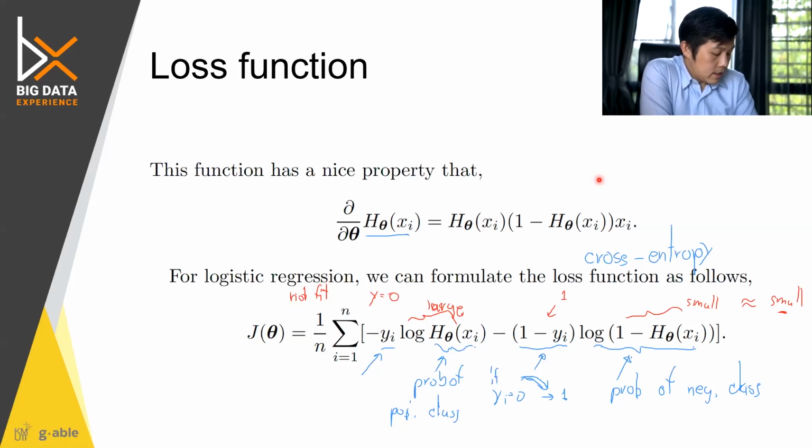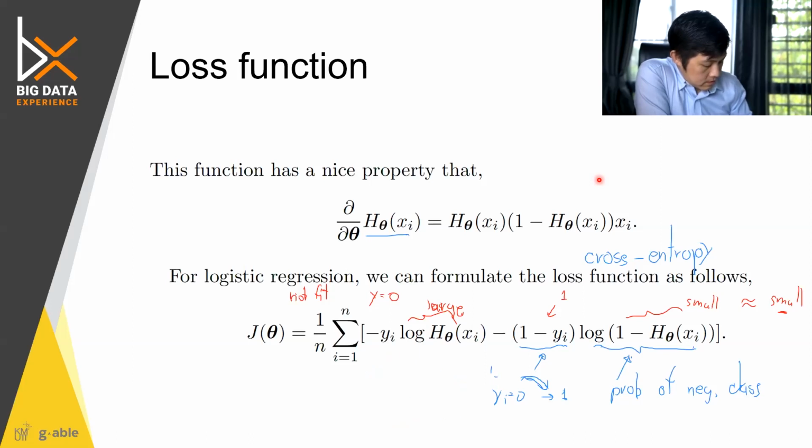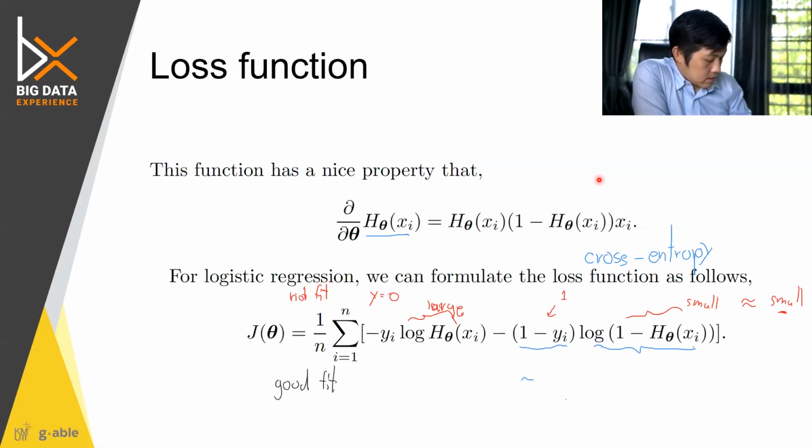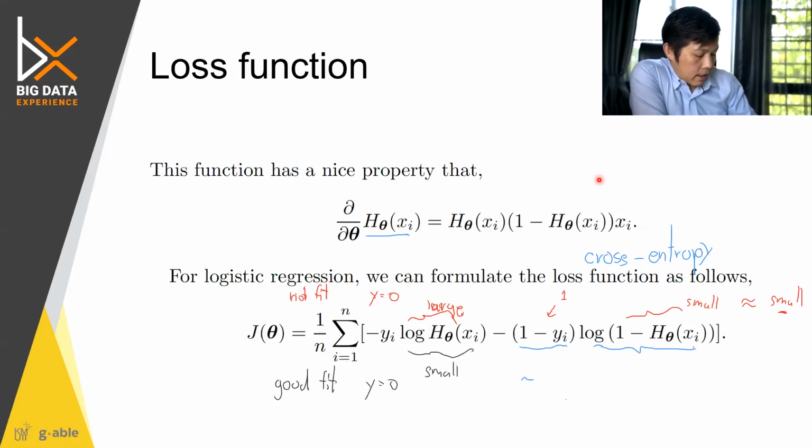If it is a good fit, say we have y equals 0, this one should be small, and this one would be 1, this would be large, and 1 multiplied by a large value, you get a large negative value.